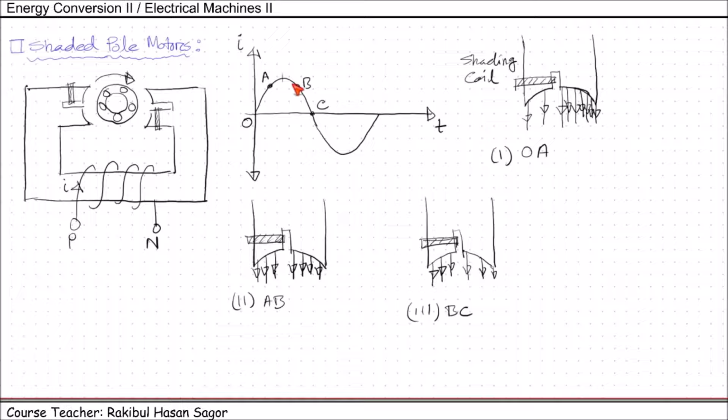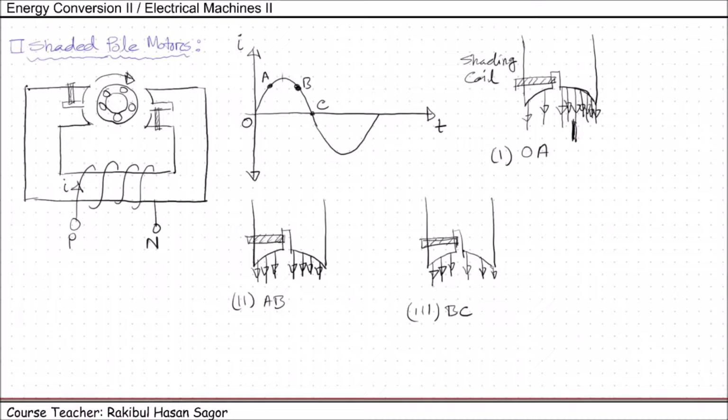Now, if we analyze this positive half cycle for different regions, we can see we had highly concentrated magnetic flux in the non-shaded pole and lightly concentrated magnetic flux in the shaded coil. Here the concentrations are same. Here we have highly concentrated magnetic fields in the shaded pole side and lightly concentrated magnetic flux in the non-shaded side. So we can say a flux is moving from this non-shaded pole.